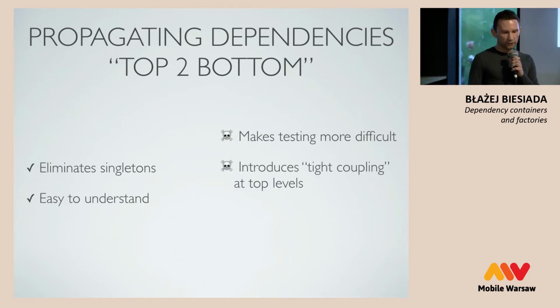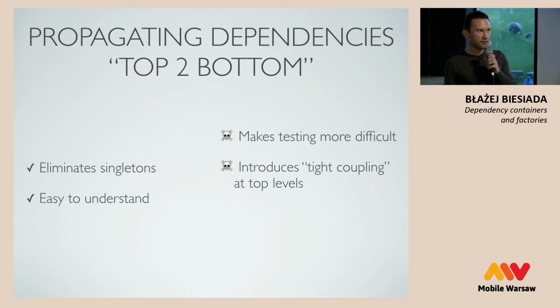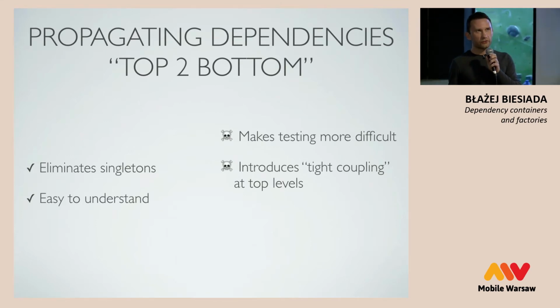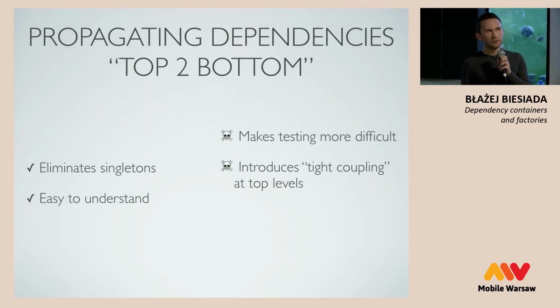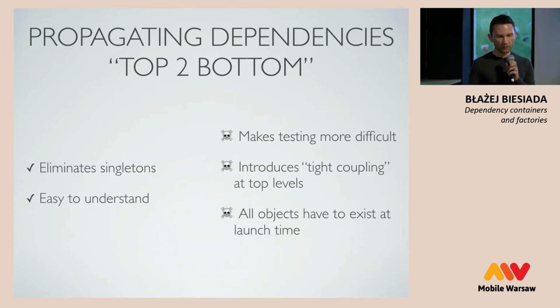And then it introduces tight coupling at the top level. I call it tight coupling with quotes because really that root object doesn't depend on those other objects. It just passes them down the hierarchy of the objects. But kind of indirectly, it has access to those objects, so it is kind of tightly coupled with them.